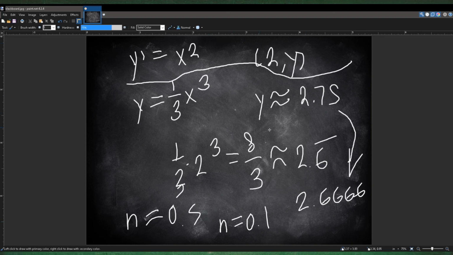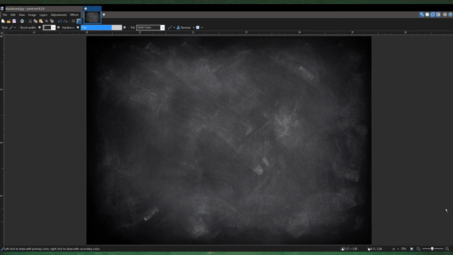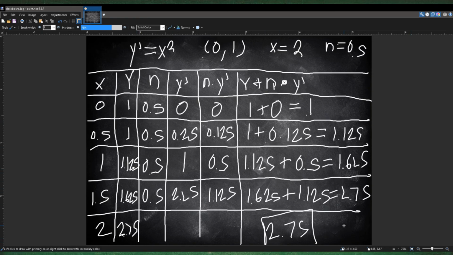If you use that method, it seems very tedious, but using this chart, you're going to get the answer. As a refresher, you have the derivative of your equation, your original point, the point that you want to find, which is x equal to 2, and your step size.